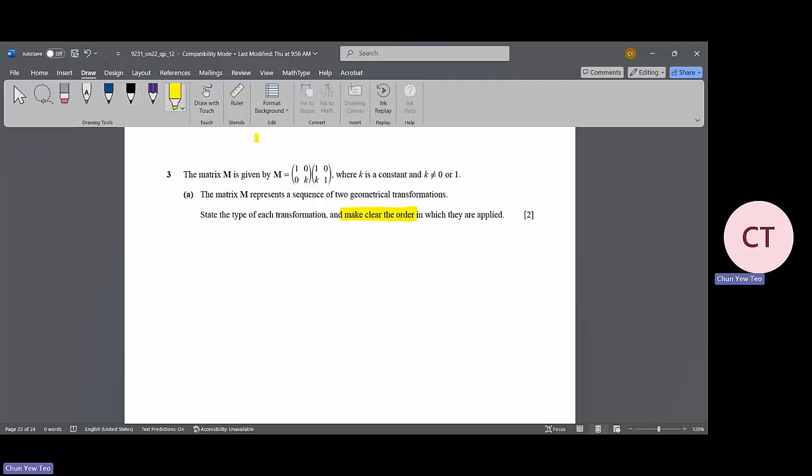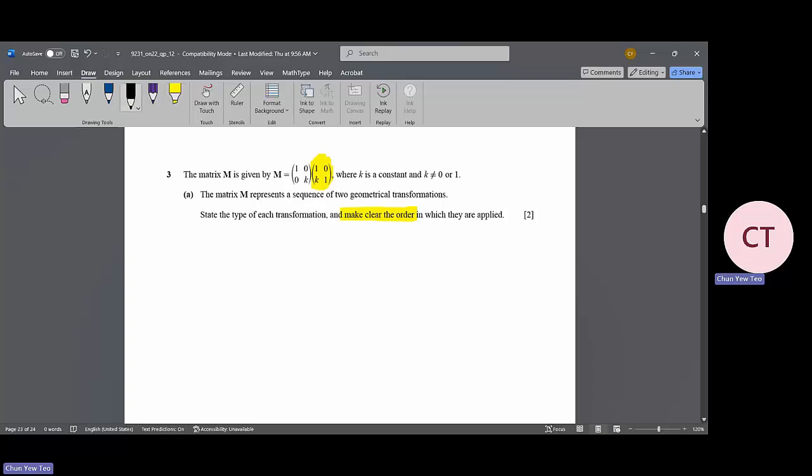So this will be the first one, followed by the second one over here. Okay, so for the first one, you can check it. I mean, you can actually memorize this form. If you have been practicing the transformations, this one actually is a shear.